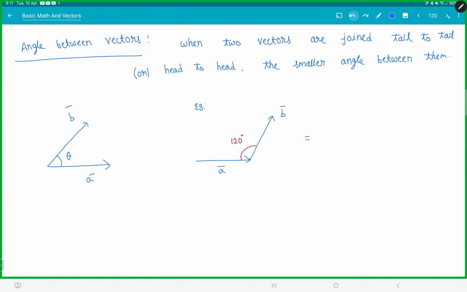Because vectors will not change. I will keep B bar as it is and shift A bar forward. I will make them join tail to tail. So if this angle is 120, this angle is 60 degrees. So the angle between vectors is not 120, but 60. So be careful. 60 degrees is the angle between A bar and B bar.